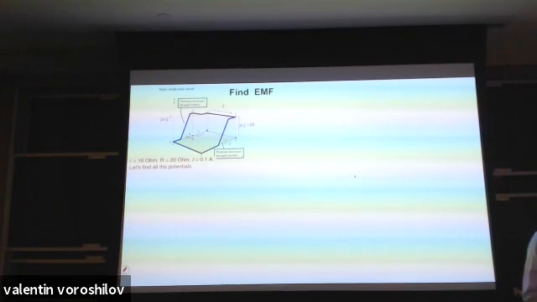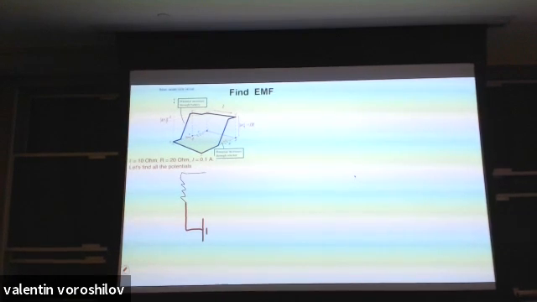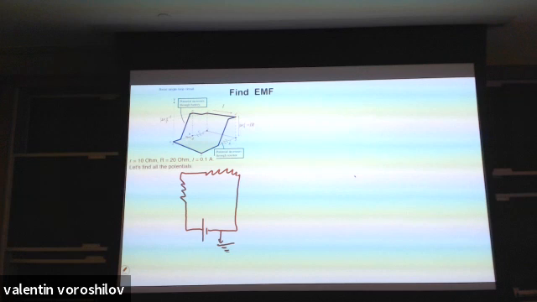We just need to redraw the circuit in a more convenient way. So battery, well, first resistor, second resistor, back. This potential is grounded, 0.